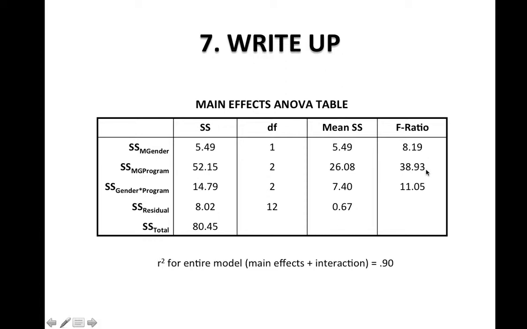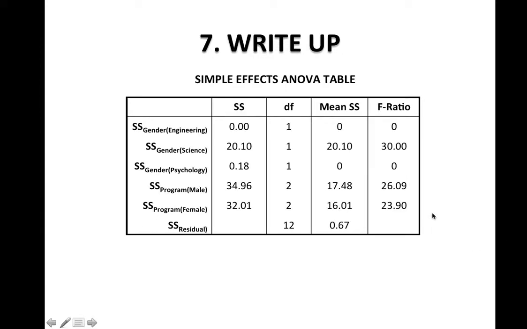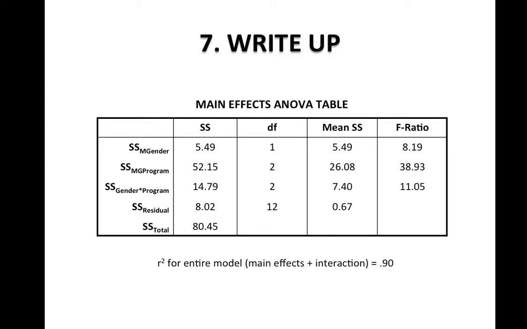For program, it was 38.93, and then the interaction was 11.05. Sorry. I didn't put the critical values here, but for 1 and 12 degrees of freedom and 2 and 12 degrees of freedom, they're both smaller than these values, so we can reject the null hypothesis for the main effect for gender, reject the null hypothesis for the main effect for program, and also reject the null hypothesis for the interaction.